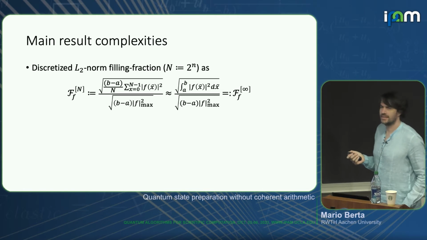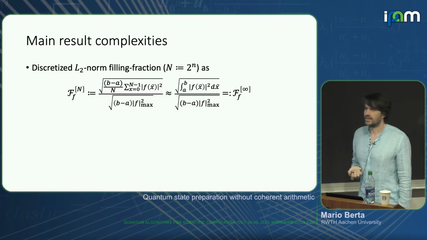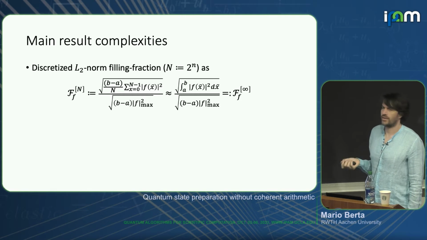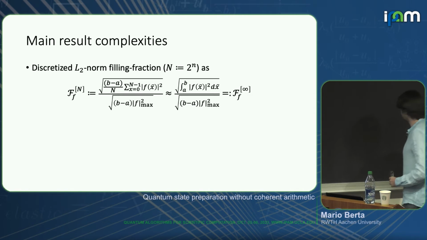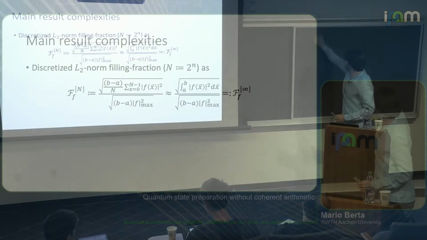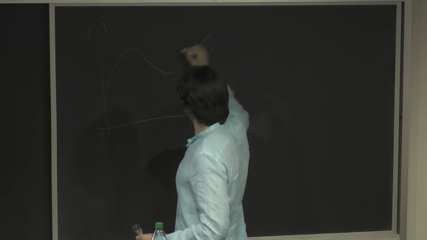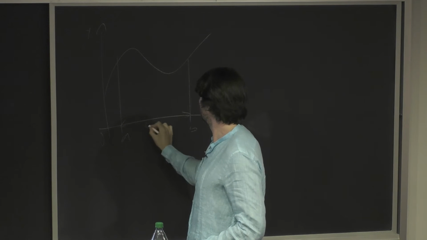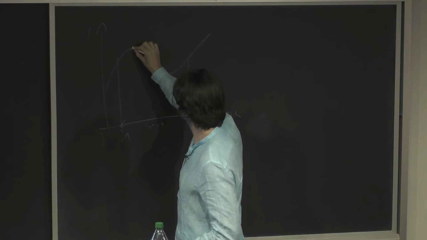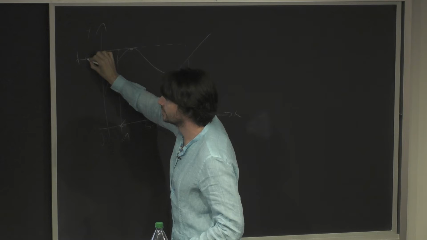So an important quantity that appears in all these other approaches on quantum state preparation is this filling fraction, or L2 norm filling fraction. So usually I try to draw a picture, which I should probably put on my slide. If you have some type of function, something like this, and then you're interested in this interval a, b. So here you have b minus a, and then maybe here you have the f max.